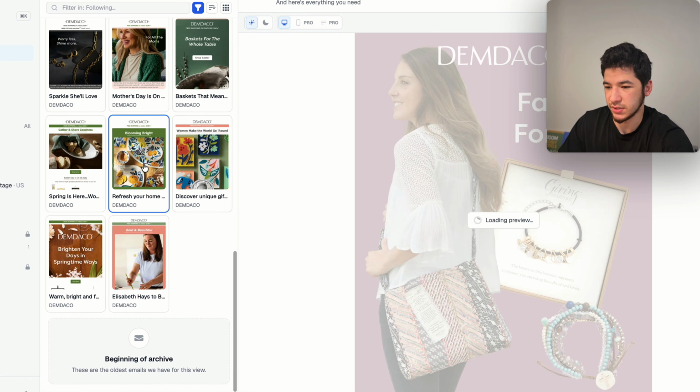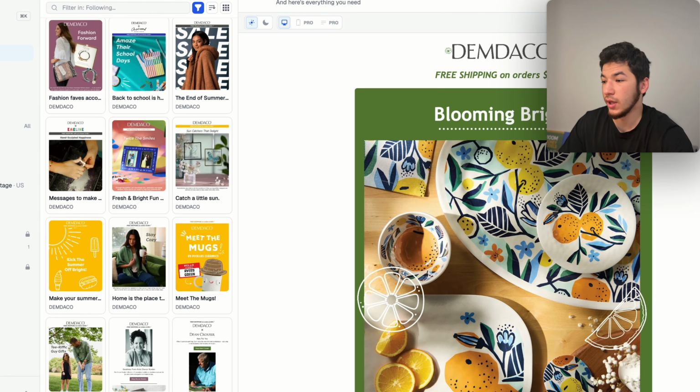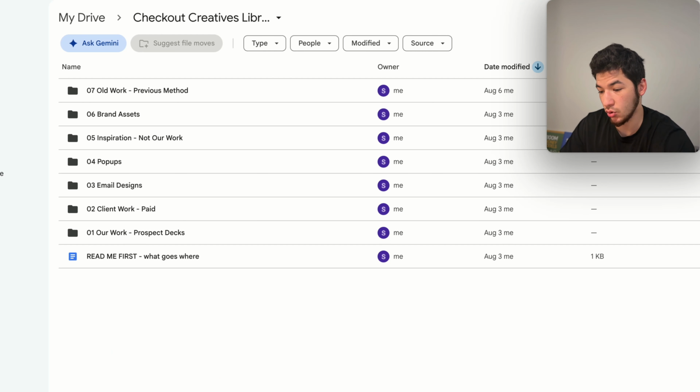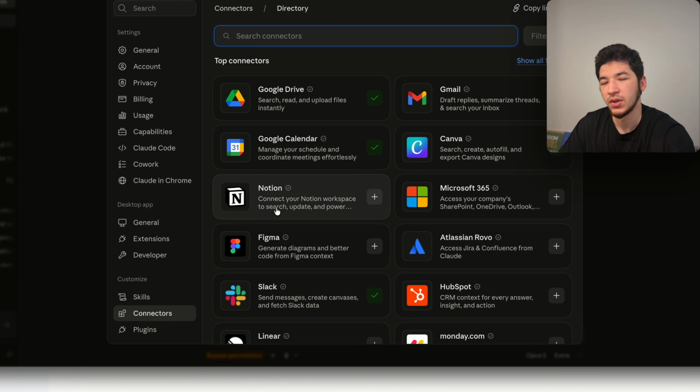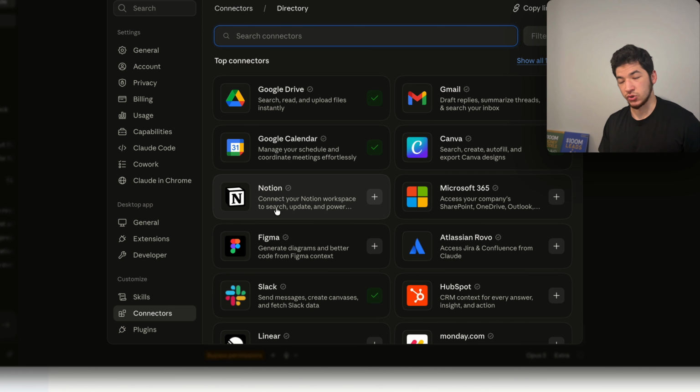So as you can see, this is the Milled website. Wherever you like, download it, make a quick library, and then connect that Google Drive into your AI. AI now has access to these multiple emails that you really like. Obviously, for our case, it's just winning emails. I don't take random emails as examples for AI. I only take the ones that are winning and absolutely crushing it.